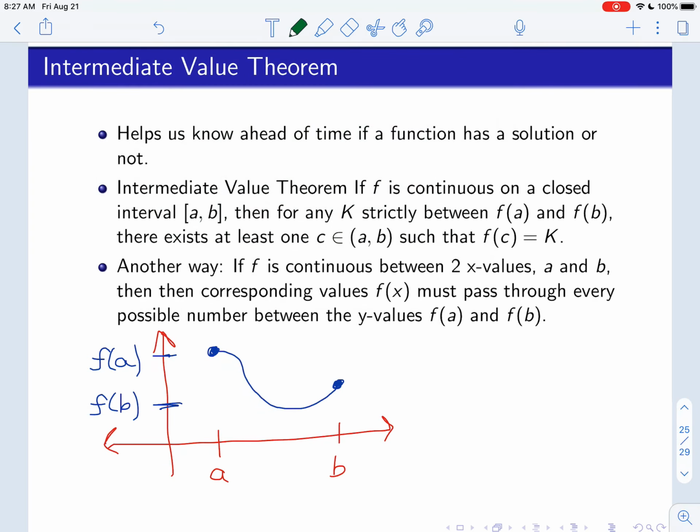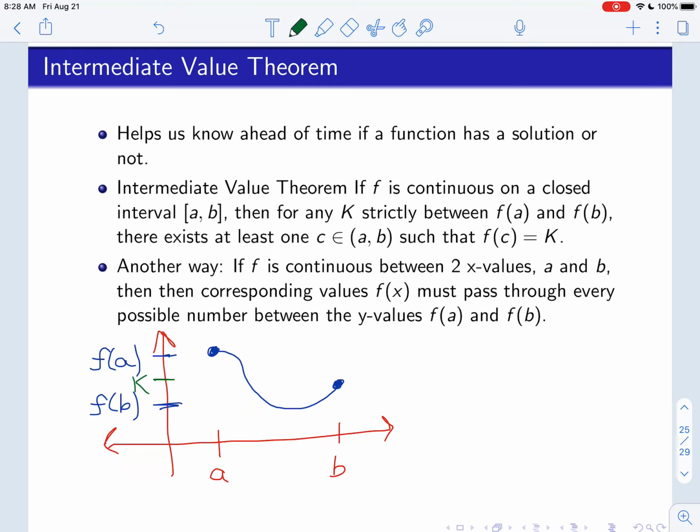Okay? So then this intermediate value theorem says that for any k between f of a and f of b, so if I put k somewhere in between, it doesn't have to be right in the middle, it could be anywhere at all as long as it's in between, then there exists at least one c somewhere in between a and b. Now c is an x value, so there's at least one x value in between a and b so that f of c equals k.